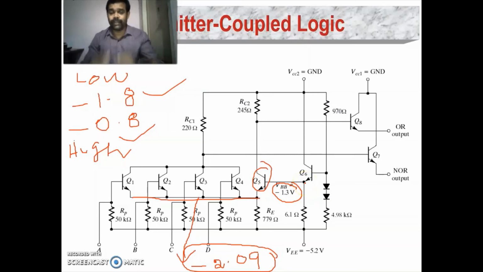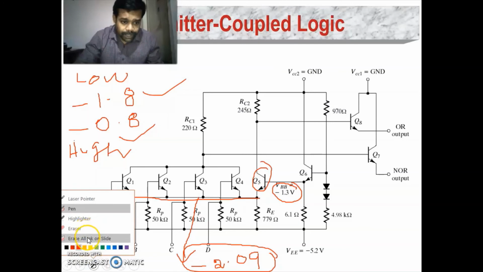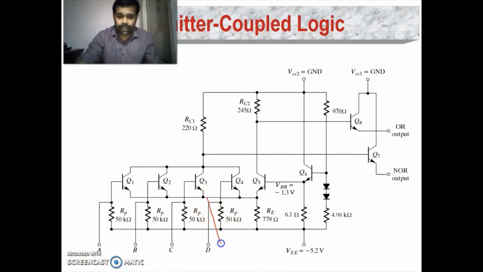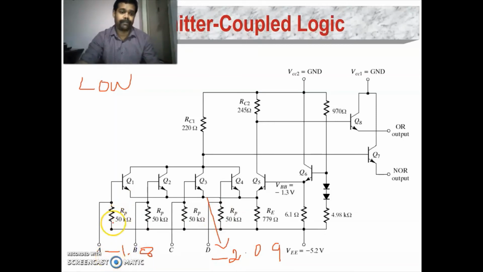Now we are going for the working. Here you are having minus 2.09. First we are giving the input as low. Consider that you are giving low input to all of A, B and C, so minus 1.8 at the input, and at the emitter you are having minus 2.09.